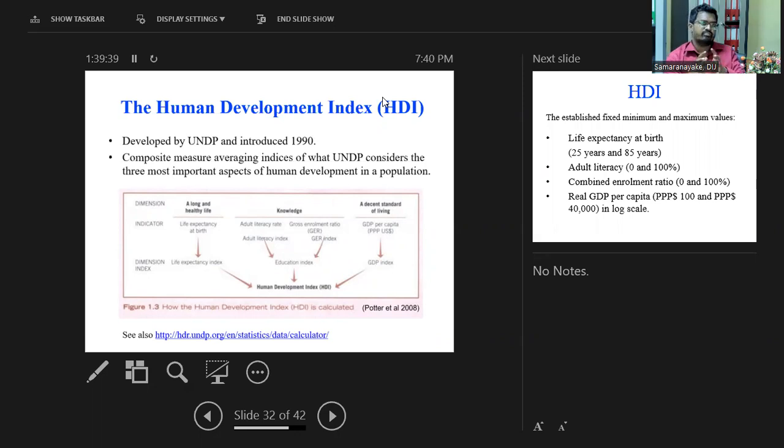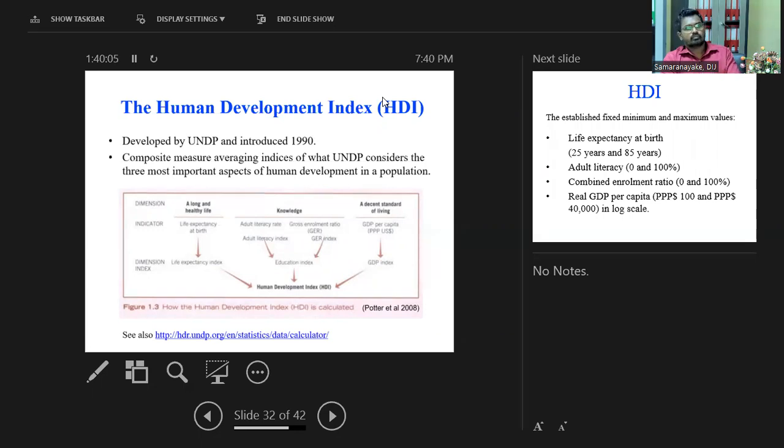And then knowledge is reflected through two indicators. Here we consider the adult literacy rate, and also the gross enrollment ratio. The adult literacy rate is the literacy rate of adults, and the gross enrollment ratio, GER, means enrollment in schooling.